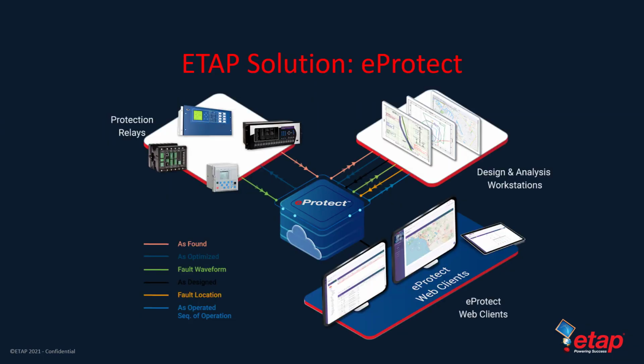Here we can see how eProtect fits into the entire solution, where you have the protection relays, which are communicating to the design and analysis workstations where you're running protection coordination studies.